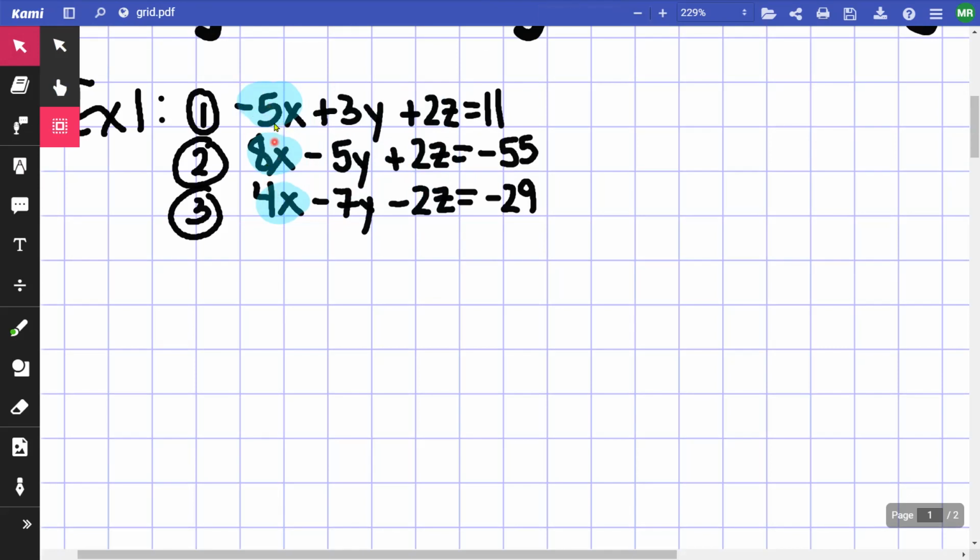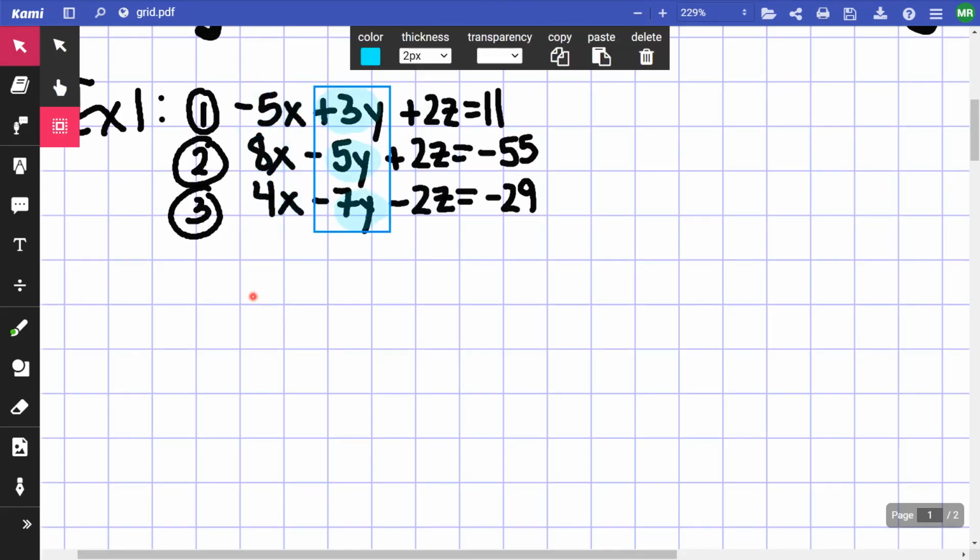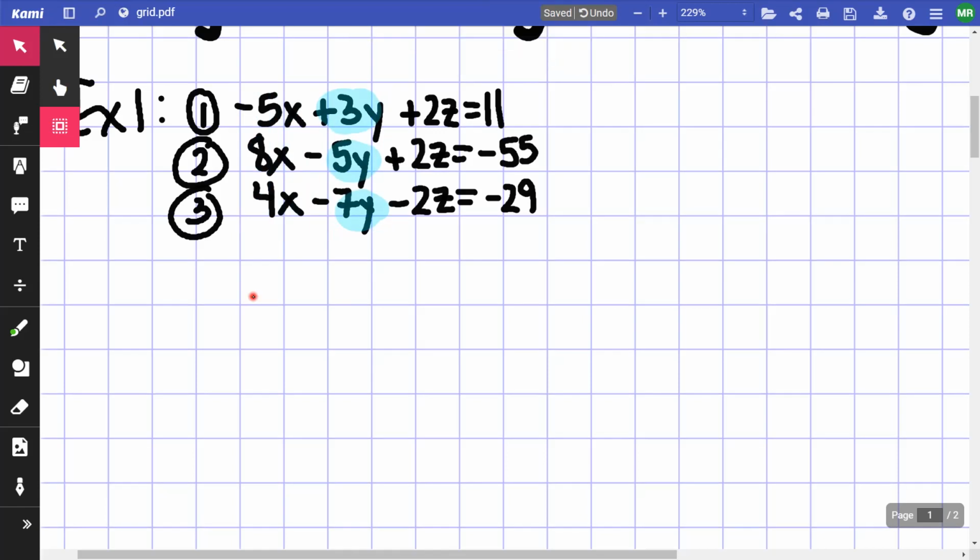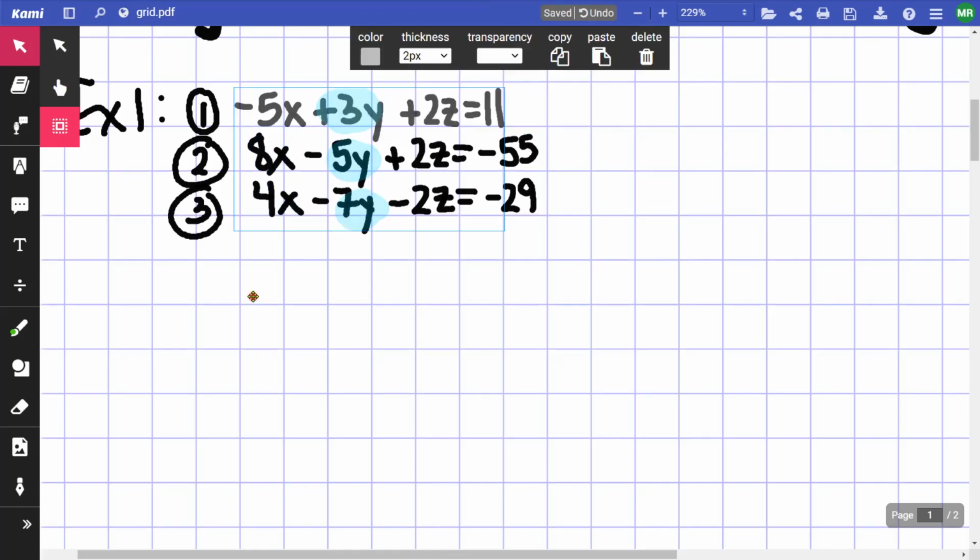So I'd have to use one of these equations to try to maybe eliminate the other ones. The x's aren't looking too good for me. My y's, a 3, a 5, and a 7, that's not going to be easy to do.